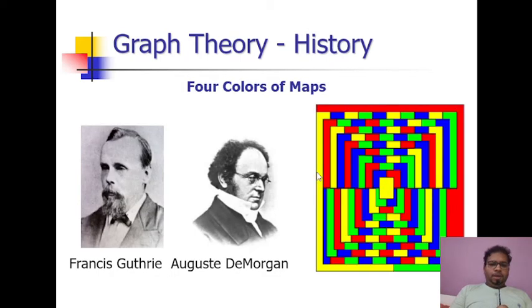In geography, it is used to color a map: what is the minimum number of colors required so that two adjacent countries do not have the same color. This idea was given by these two mathematicians.